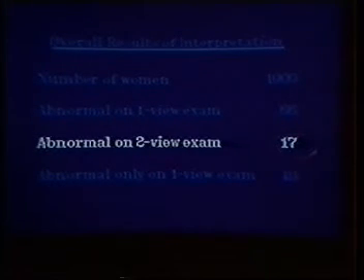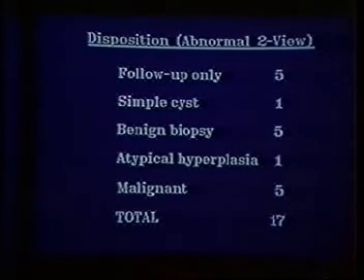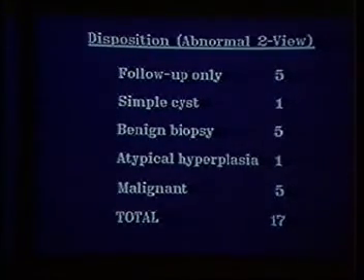Of our 17 patients abnormal on the full two-view exam, this is 1.7% of patients read as abnormal on second screening with a first screening normal. Five of them needed only follow-up mammography to be resolved into the normal situation. One of them had a simple cyst diagnosed by ultrasound.